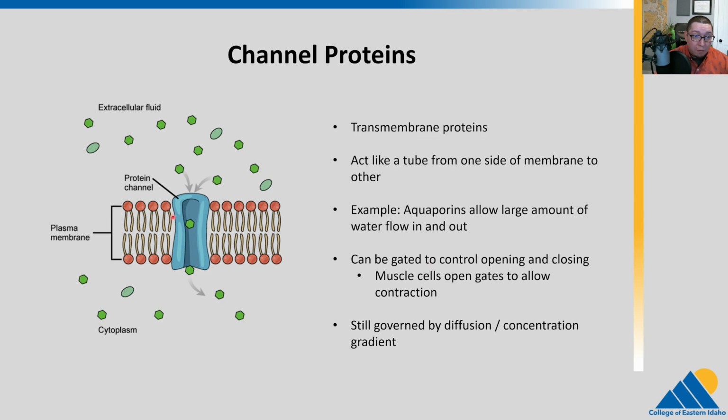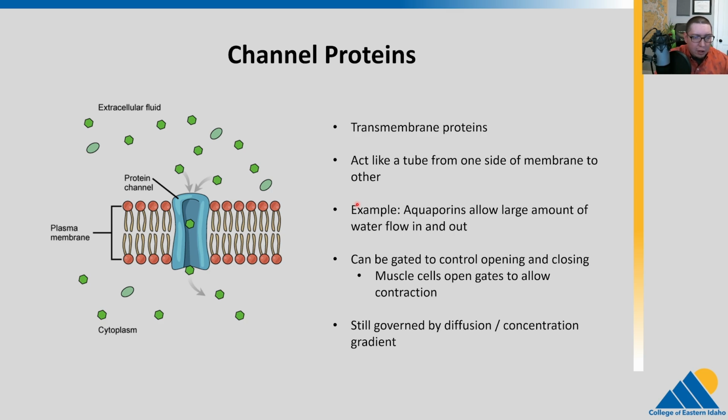There are some of these things that have little gates on them that can open and close. Muscle cells have this on them. Our muscle cells fire by releasing a large amount of ions across these transporters. So they have to have little gates to allow that to happen when we want it to. But all of this is still governed by diffusion and a concentration gradient, right? So this is still passive transport.